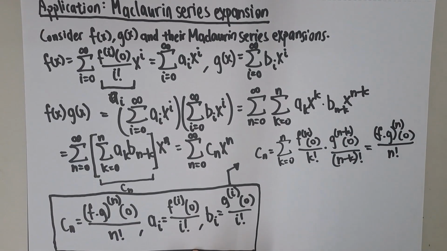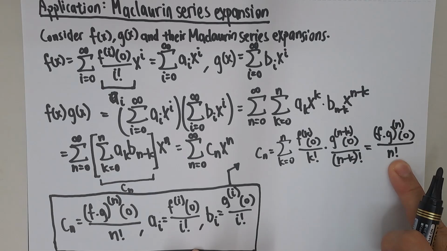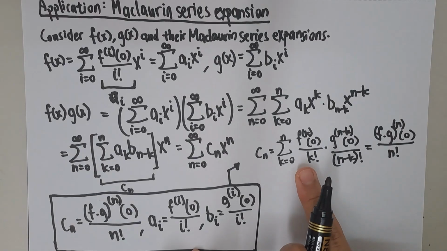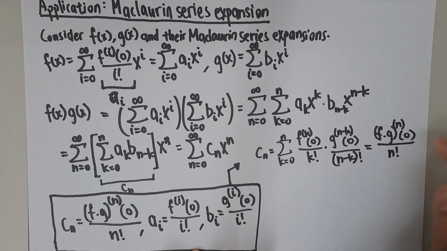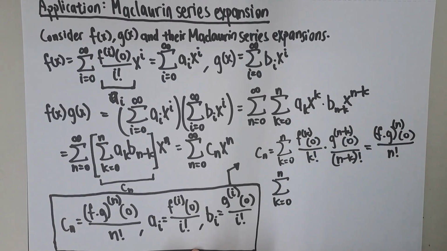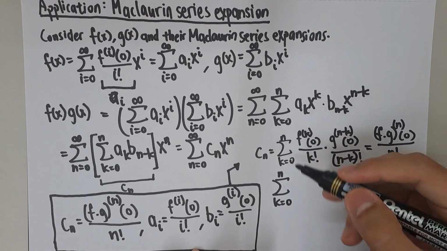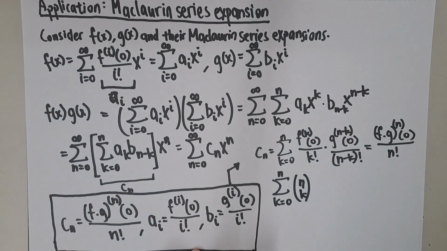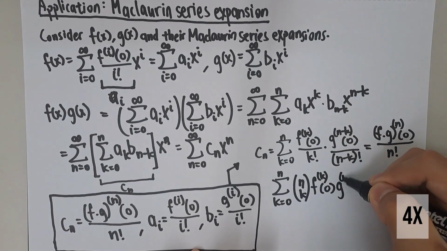Just carrying it over. So here we can multiply n factorial on both sides, and we will have n factorial divided by k factorial times n minus k factorial. And that's precisely n choose k. So if we bring n factorial over to the other side, we will have this quotient, and we'll get n choose k. Then what's left is all this. Just bring it on.